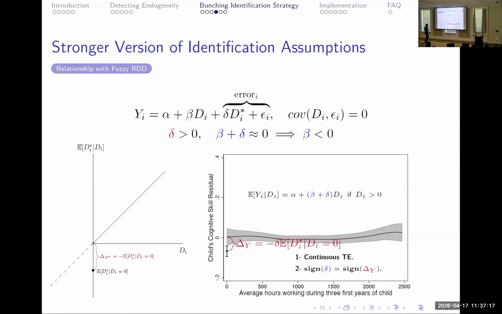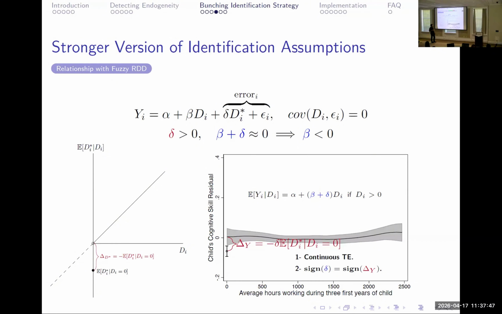Okay, but now the key point, like we discussed before, one of the weakest possible identification strategies: the moment I make the assumption of continuous treatment effect, plus the assumption that the sign of the delta, this delta on the positive side here, which I don't happen to observe at all, is the same as the sign of the discontinuity in the outcome, which I do observe, I can extrapolate.